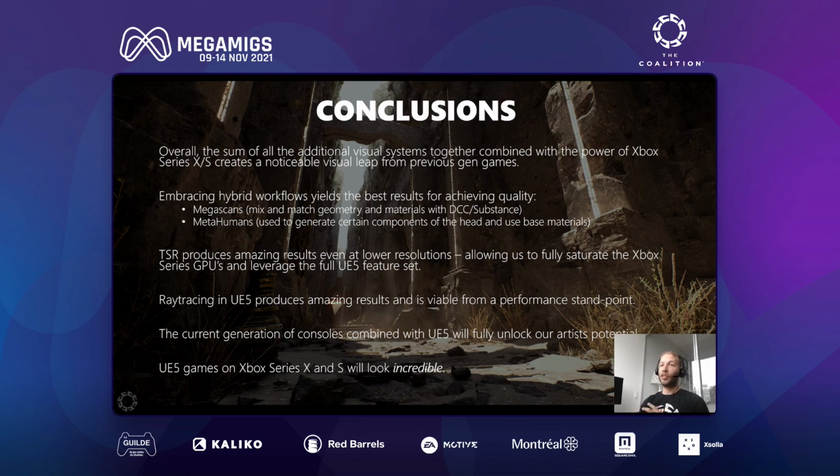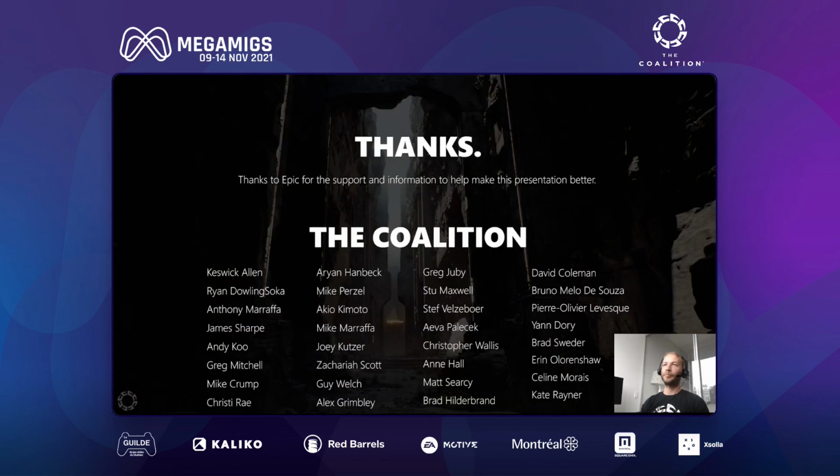Ray tracing in UE5 does produce some pretty great results as of late, and performance is getting much better. Things like Lumen, ray trace reflections, ray trace radiance cache, and ray trace shadows from lights are really intriguing. The current generation of consoles coupled with UE5 will fully unlock our artists' potential, and games on Xbox Series X and S using UE5 will look incredible.